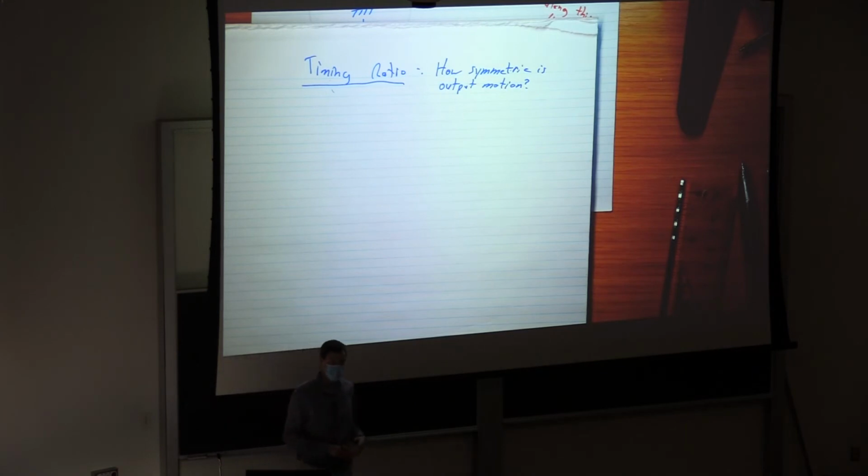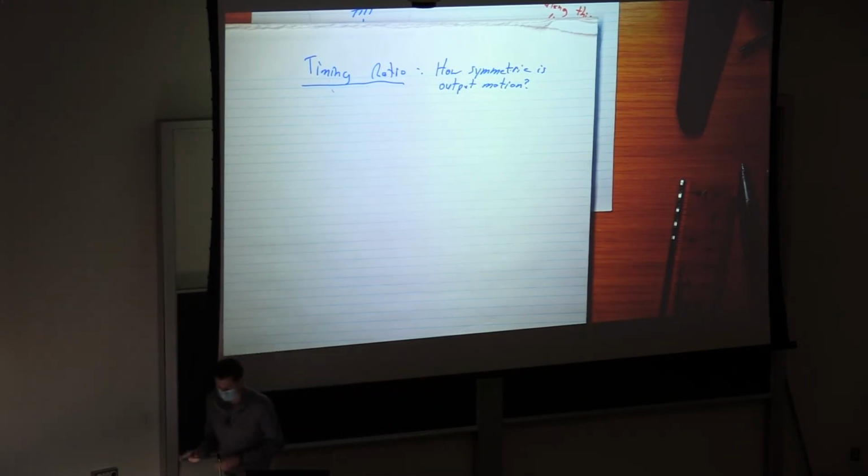If this was a musical instrument, of course, the timing is everything. If you want a metronome to go tick, tock, nice and even, you'd design your mechanism to have a timing ratio of 1. If you want your metronome to go tick, tock, that'd be a timing ratio of 2 or 3, right?